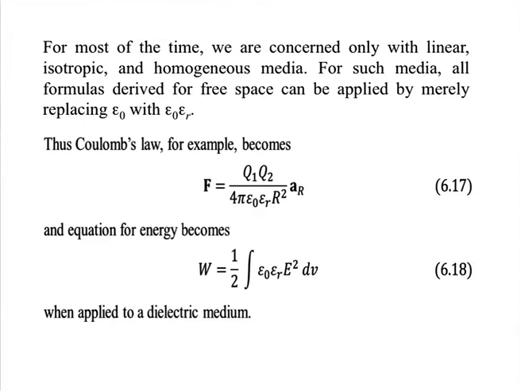For such media, all formulas derived for free space can be applied by merely replacing epsilon naught by epsilon naught into relative permittivity. For example, for Coulomb's law, the force now becomes Q1 into Q2 upon 4 pi epsilon naught epsilon R into R square into aR, given by equation 6.17, and for energy it becomes equation 6.18.